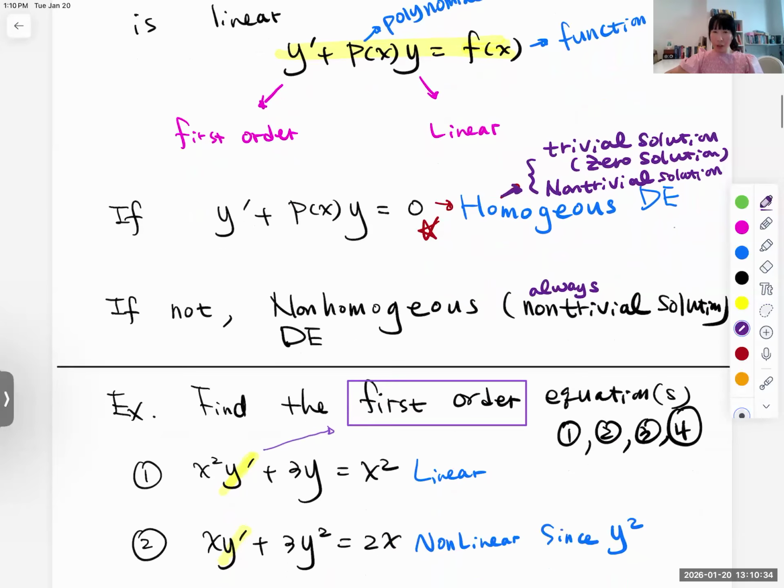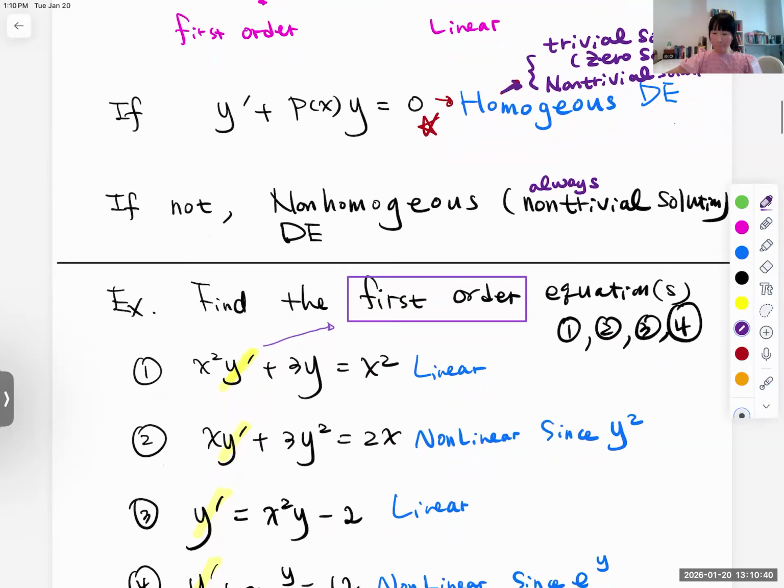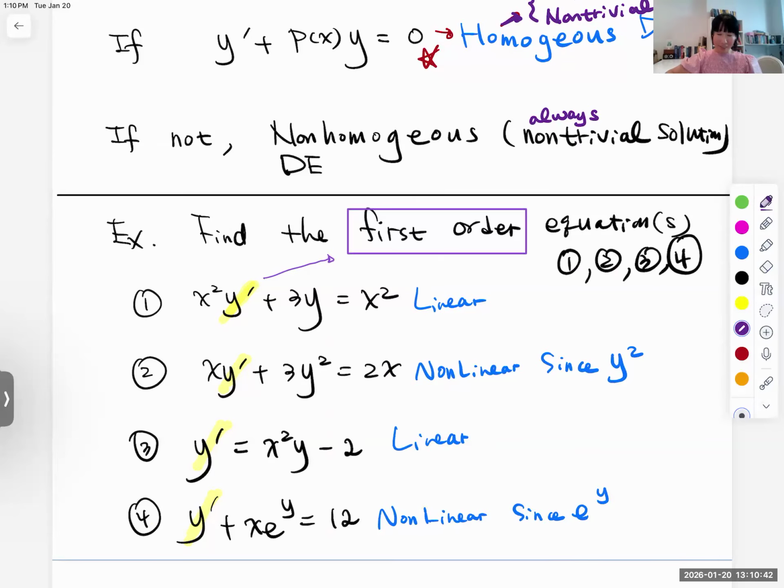This is a review from the last section: find the first order equation. We can see y prime, y prime, y prime, y prime, first derivative, so this is called first order. Then we want to find linear.